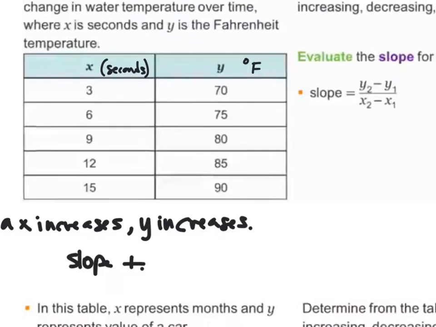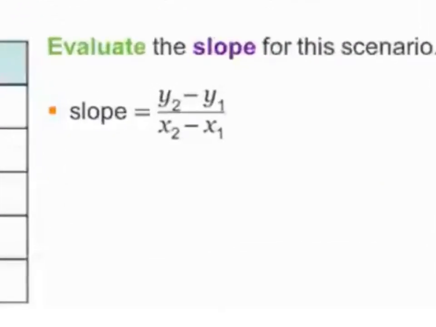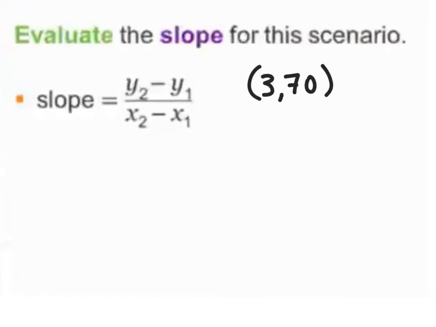Let's just double check. Let's take 2 points, this point and this point: 3, 70 and 6, 75. I'm going to take those numbers from the table and turn them into points.